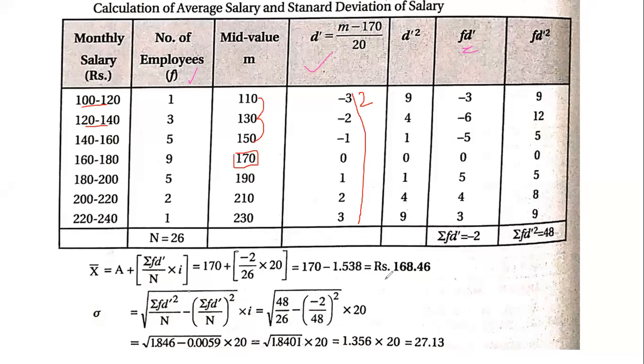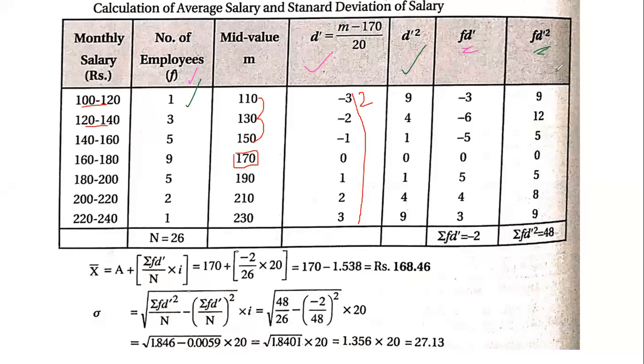Then again frequency into D dash square will give you FD dash square. So first it's only FD dash, we are not squaring it, we are only multiplying frequency into D dash. The next step, multiply frequency into D dash square, which will give you FD dash square.